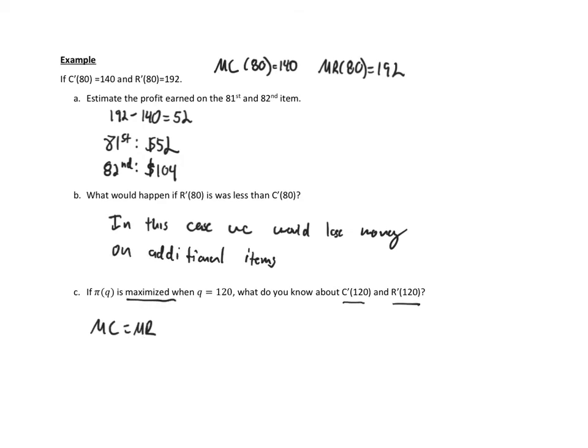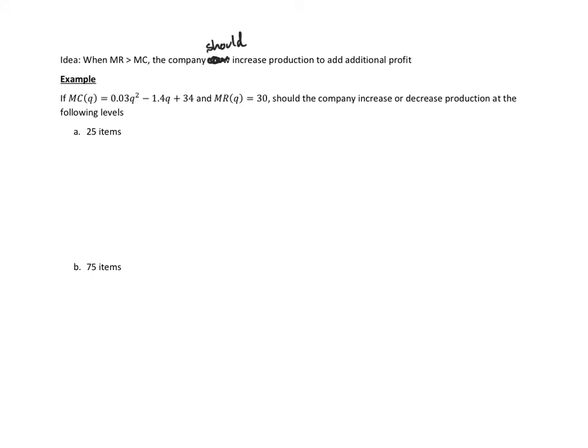So we know marginal cost would equal marginal revenue in this situation. When marginal revenue is greater than marginal cost, the company should increase production to add additional profit. The reason is their revenue is outpacing their cost.